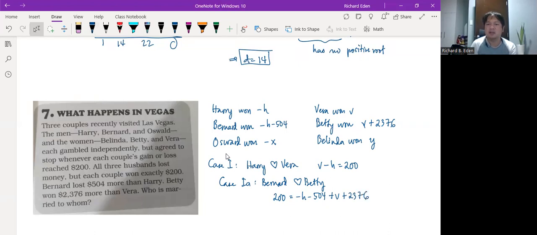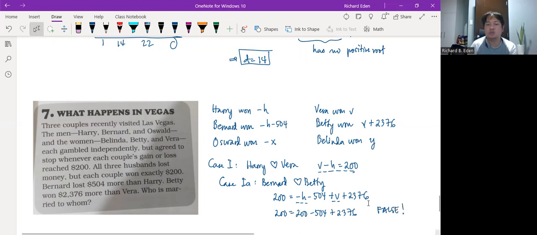But then from what we're assuming under case number 1, v minus h is 200. So we would have here 200 minus 504 plus 2376. And if that were to be equal to 200, well, this is false.